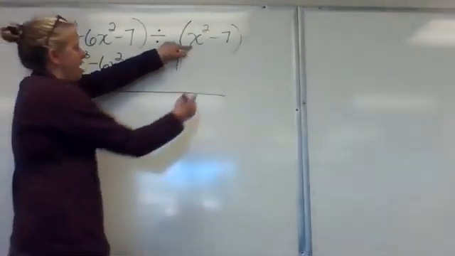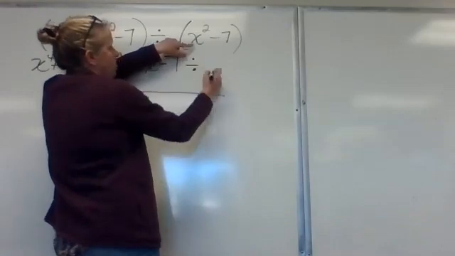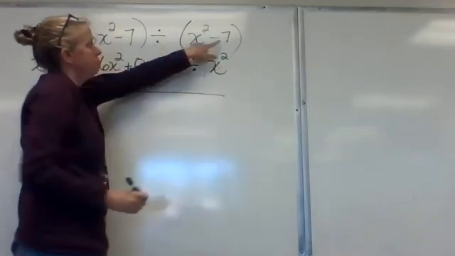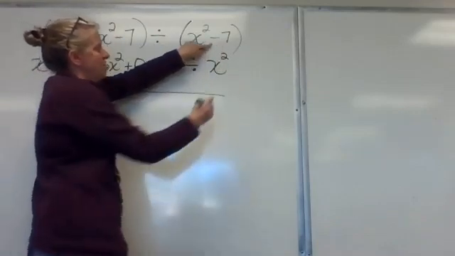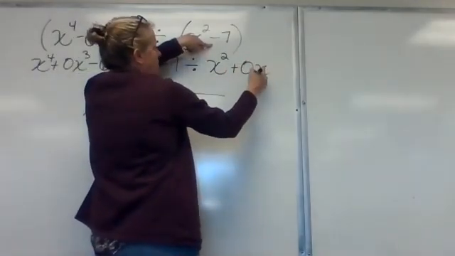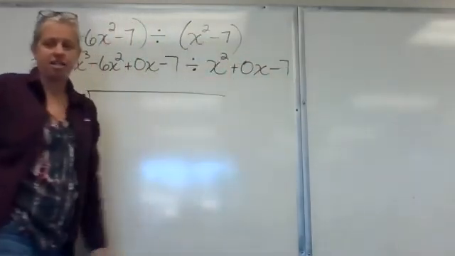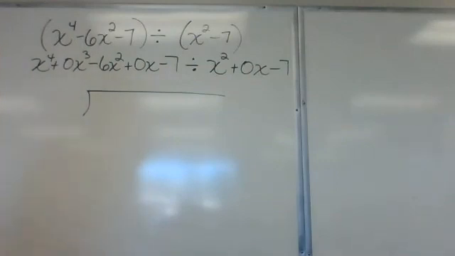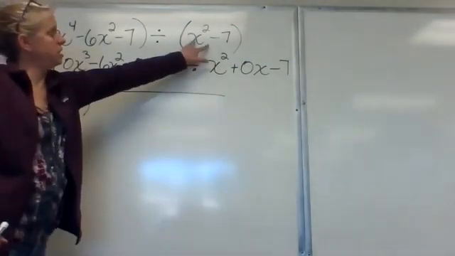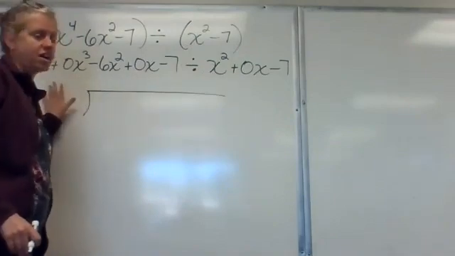Same thing here. If I start with x squared, before this constant, I need to have an x. So I'm just going to plug in a 0x and then the minus 7. So what was in the second part, that's what comes out here.